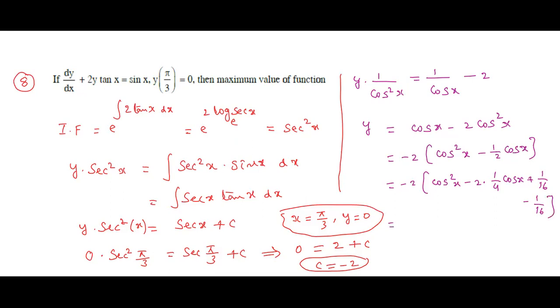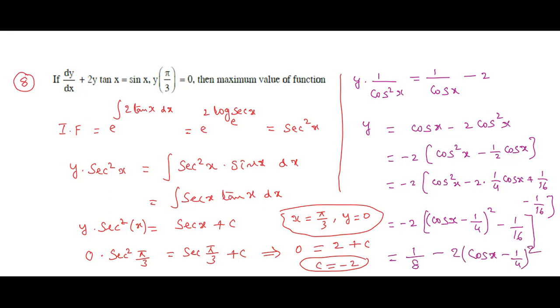Now this is minus 2 into cos x minus 1 by 4 whole square minus 1 by 16. Multiply with minus 2, minus into minus is plus, we get 1 by 8 minus 2 into cos x minus 1 by 4 whole square.